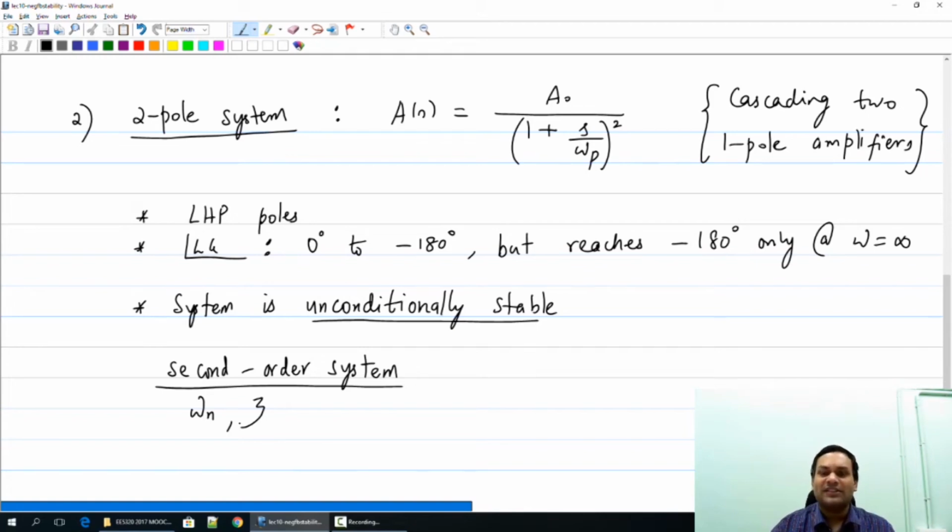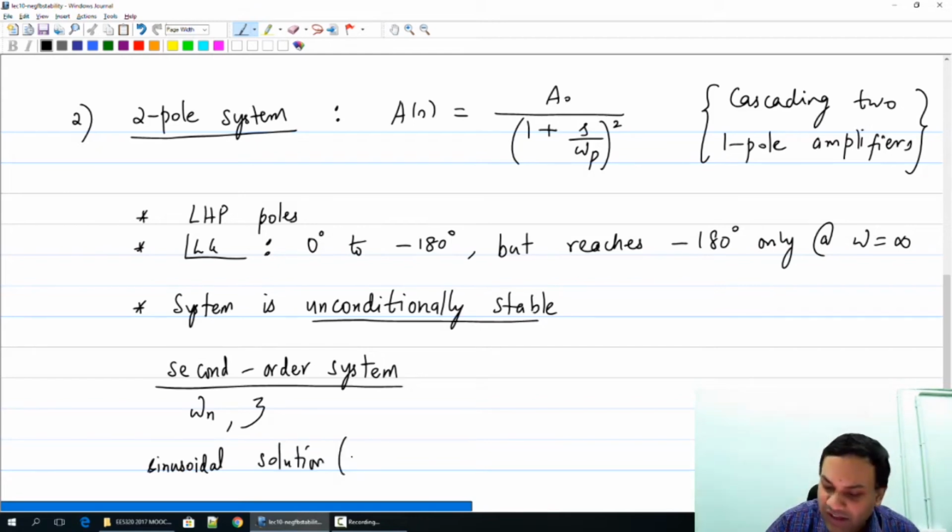What do we mean by saying the system will start to ring? Normally you expect a well-behaved system to only have an exponential solution. It turns out a second order system is also capable of having a sinusoidal solution, which means the step response of the system could have ringing, and we can easily calculate the value of gain at which this happens, and it turns out that this happens at a fairly low value of A naught f. So this is a problem.